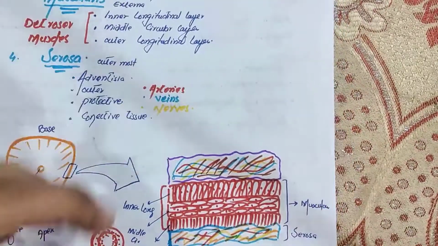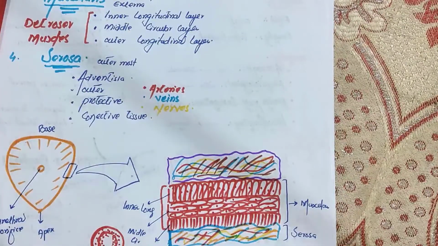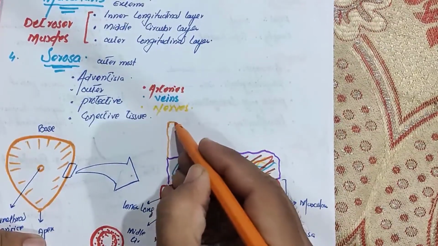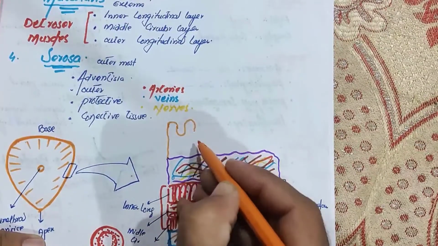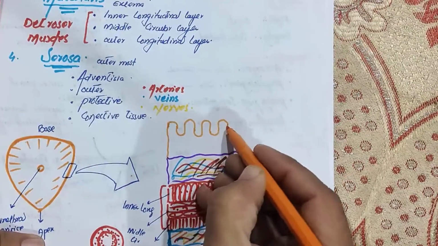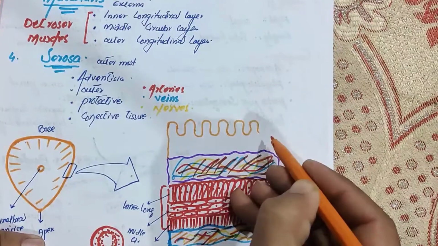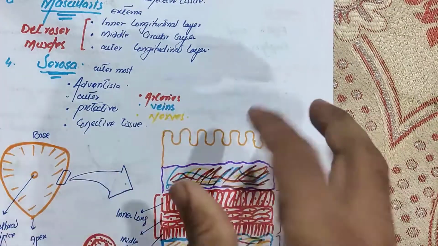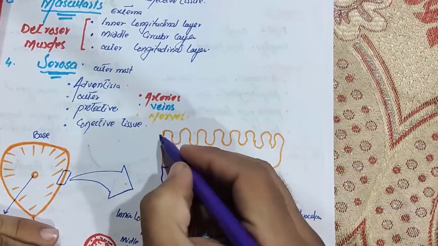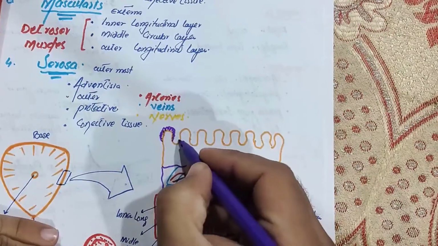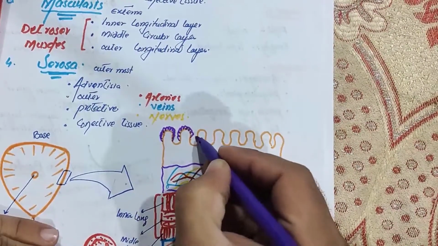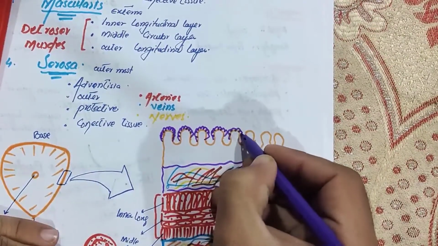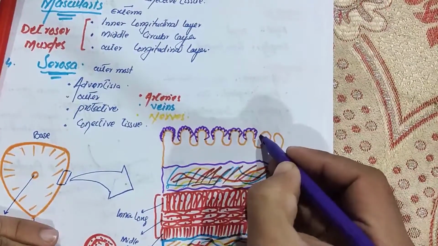Now let's go towards the innermost layer of the urinary bladder, that is called the mucosa. Very simply, let us make the diagram clear here. This is the innermost layer, and it is like this. It's a wavy structure, and above these wavy structures there are epithelial cells. So about 14 to 15 layers of transitional epithelium are there.